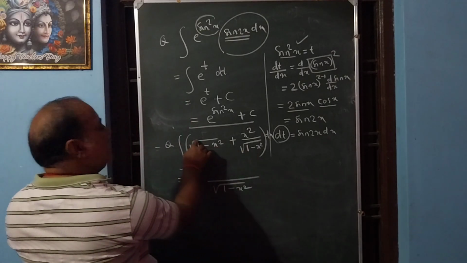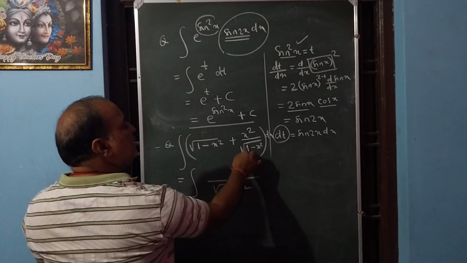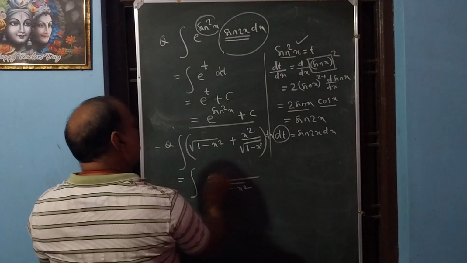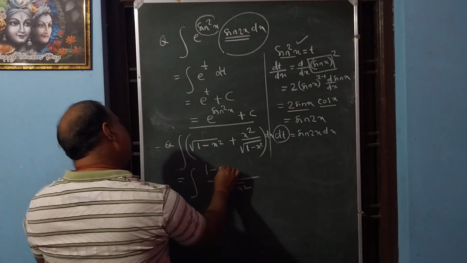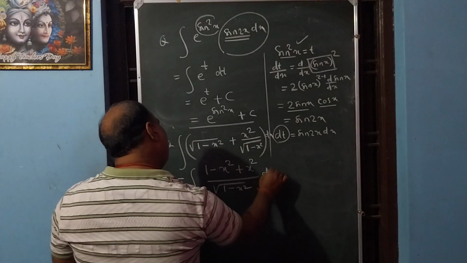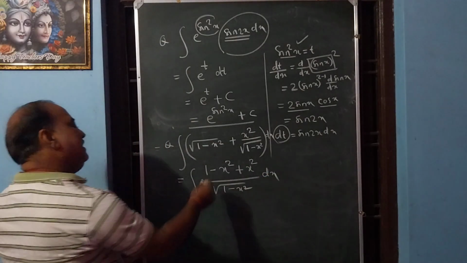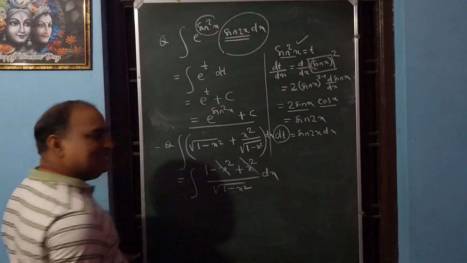So this will multiply here. When 1 minus x square is multiplied with 1 minus x square, then the result will be 1 minus x square plus x square into dx. Okay, so here minus x square plus x square cancel.